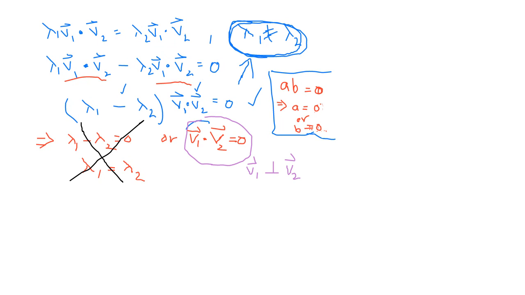And that proves the little theorem. This shows that any two vectors from different eigenspaces for a symmetric matrix will be orthogonal. Okay. Are there any questions on that?